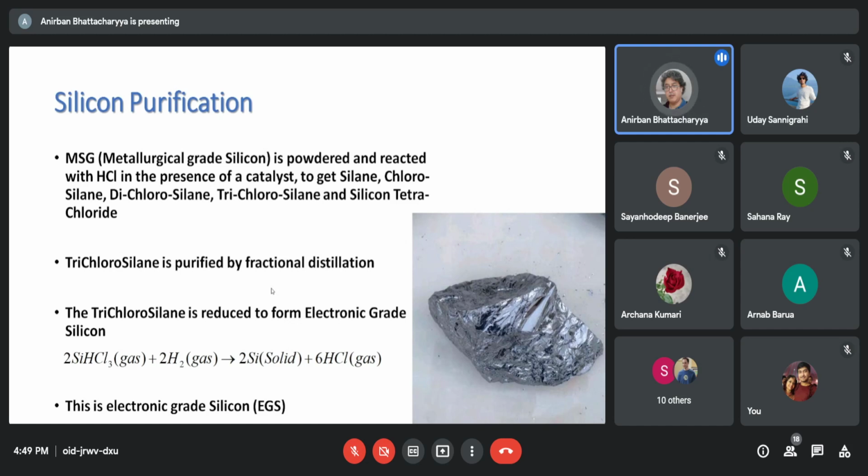So trichlorosilane, being a liquid, will also be purified by this fractional distillation process, and all the impurities are removed. After trichlorosilane is purified, it is reacted with hydrogen gas to form solid silicon plus HCl. This solid silicon is shown in the picture. Can you see the picture?